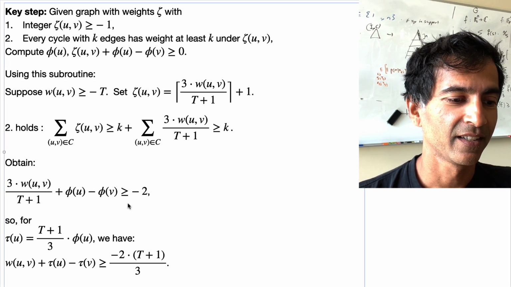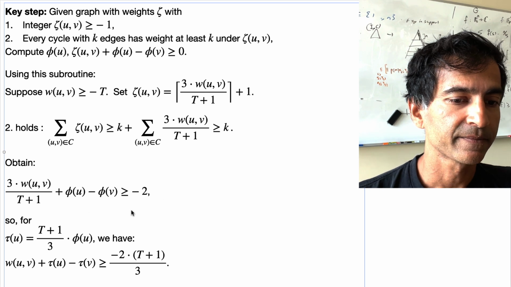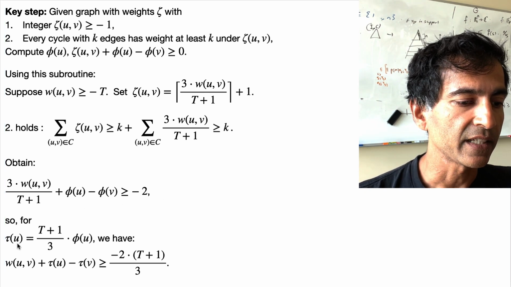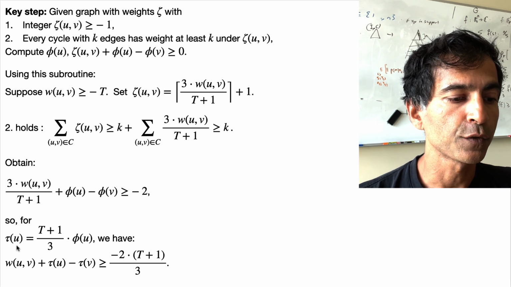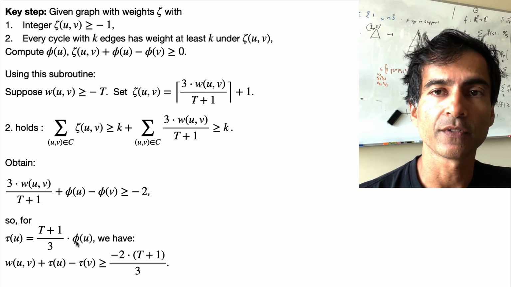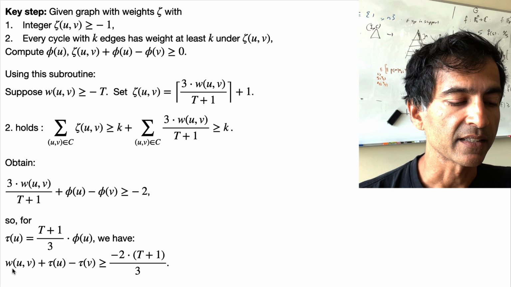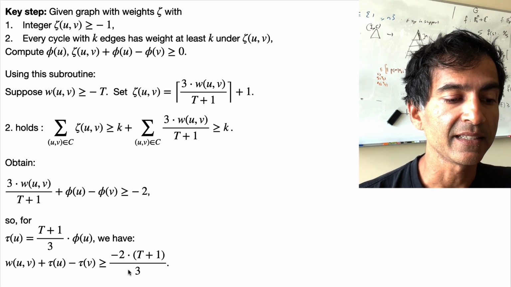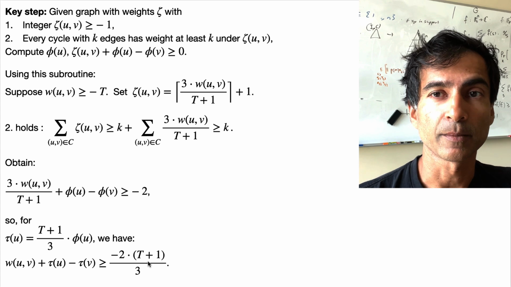Okay, so I get this inequality, and once I have this inequality, you see that if I consider the potential function tau of u, which is t plus 1 over 3 times phi of u, then I get w of uv plus tau of u minus tau of v is at least -2 over 3 times t plus 1.